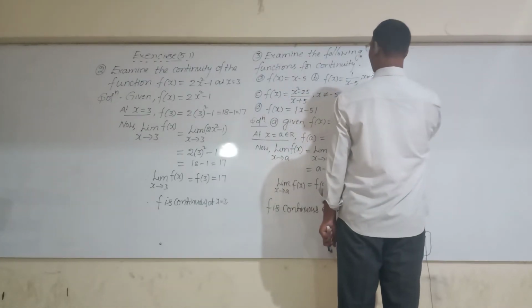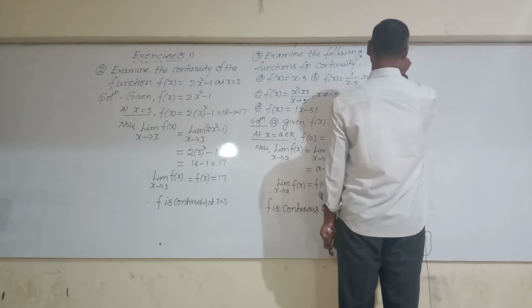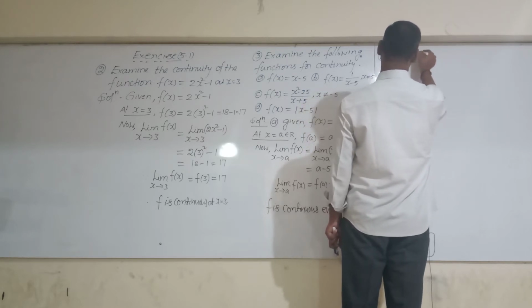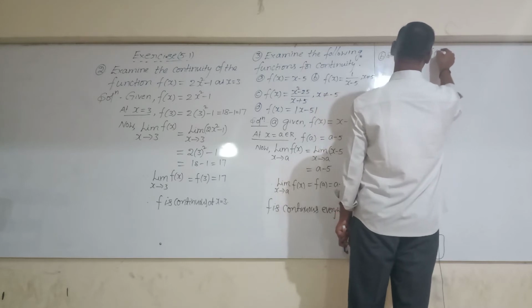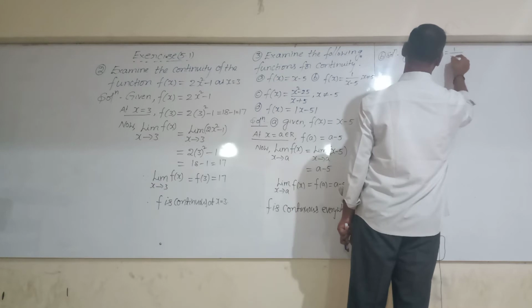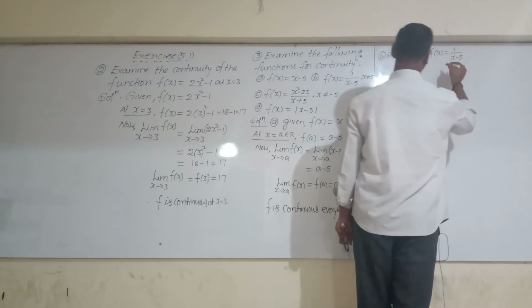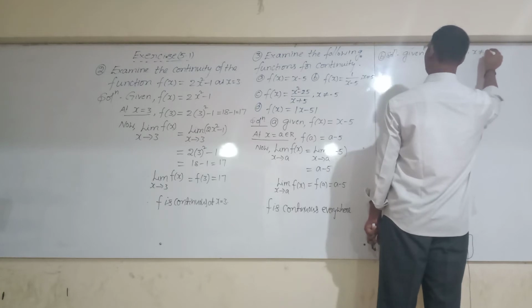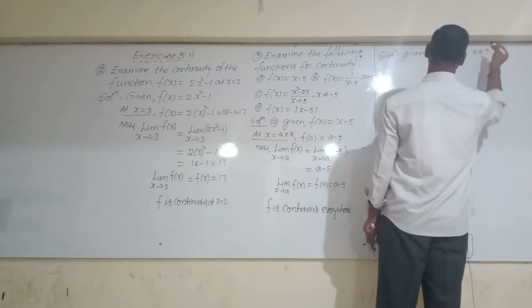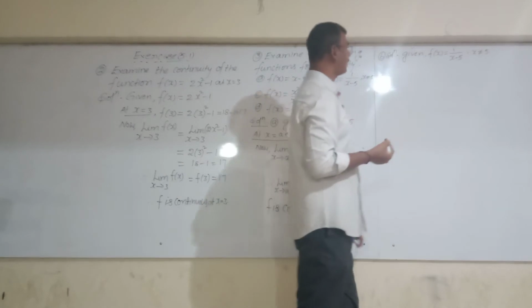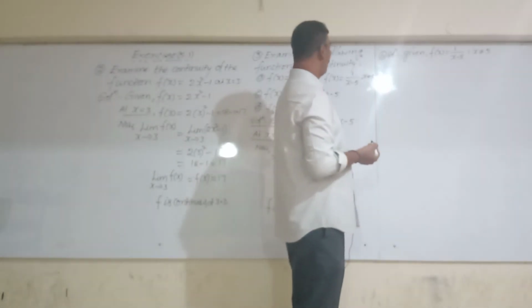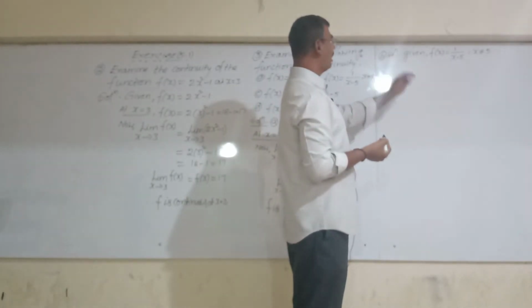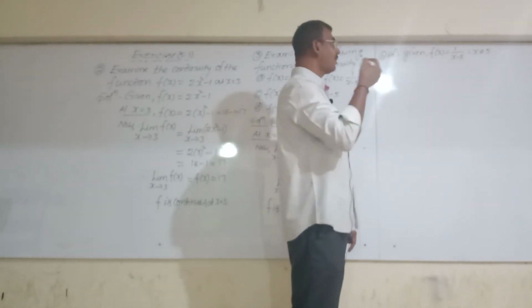I will examine the second problem. Here f of x is equal to 1 divided by x minus 5, where x is not equal to 5. We have to check any real number except 5.